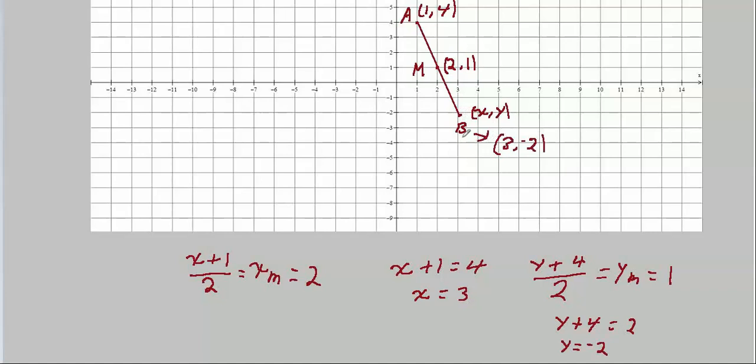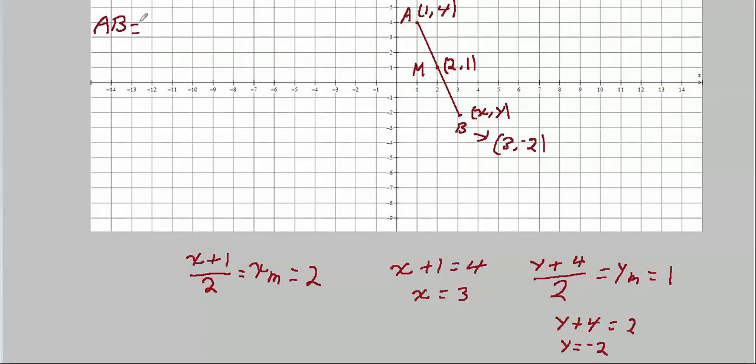Now that we have A and B, let's do it right over here. We can find the distance AB. We're going to find this distance here, AB. And what is that going to be?